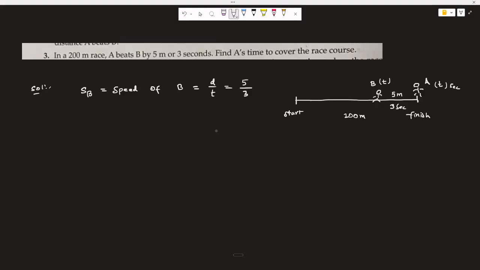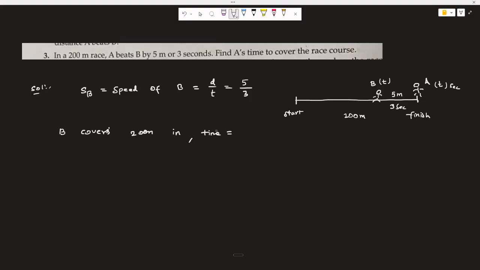So here B covers 200 meters. B covers 200 meters. Okay. Time is equal to distance by speed, right?